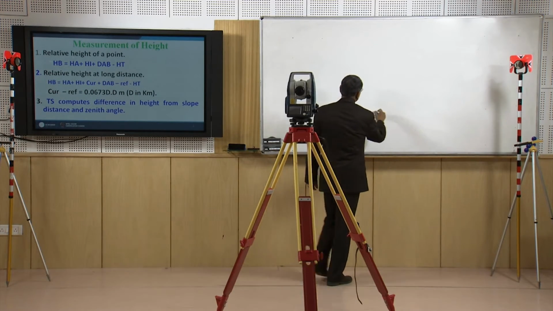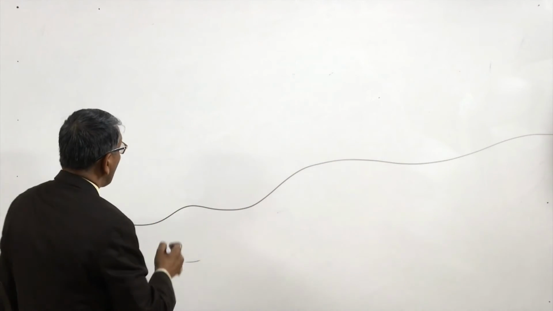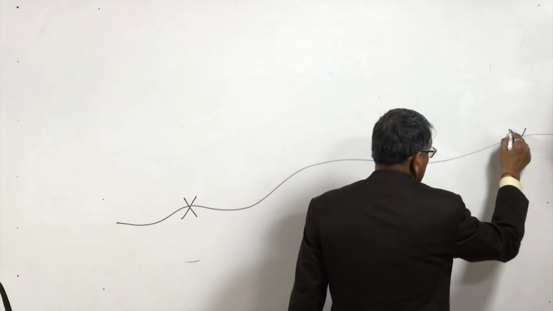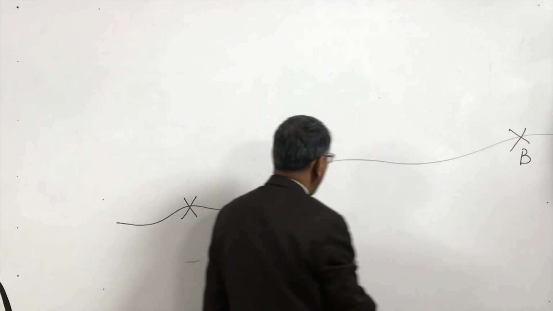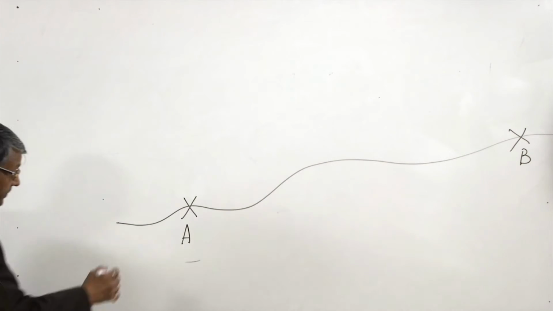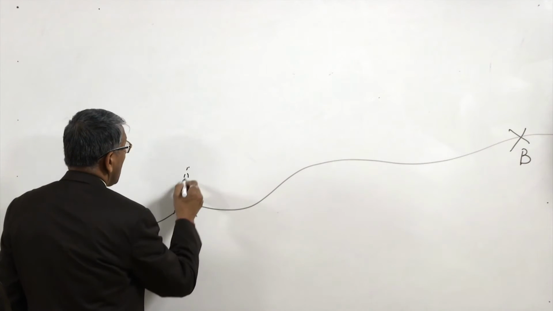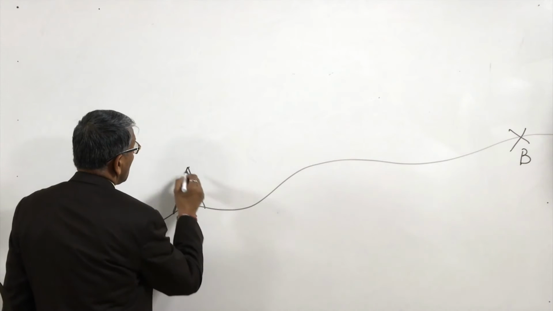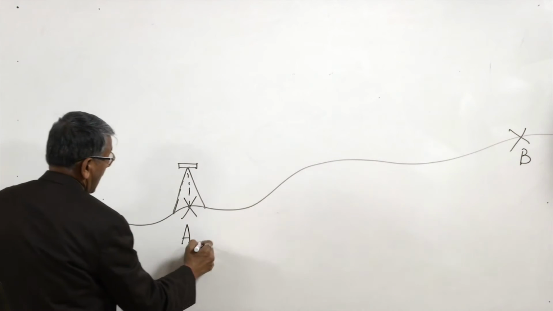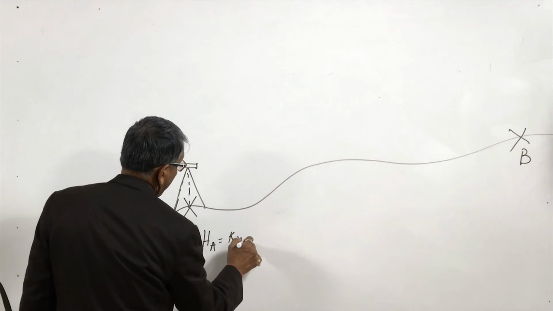Suppose this is the terrain, and we want to find out the height of any point B, and there is another point, say A, whose height is required to be known. So, the instrument will be placed centering on this point whose height is known. So, the height of the point A is known.